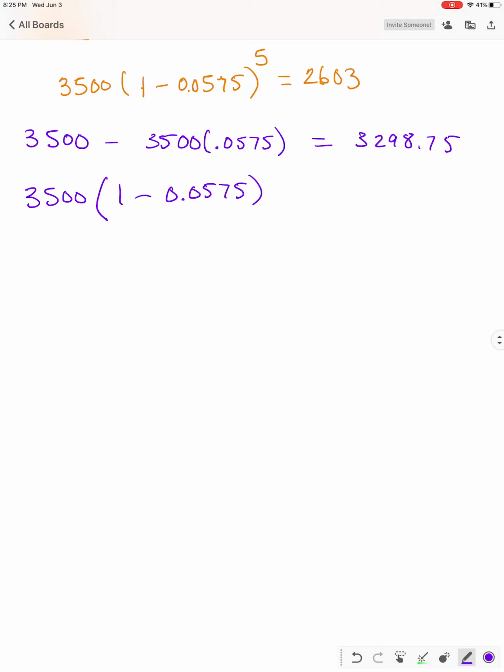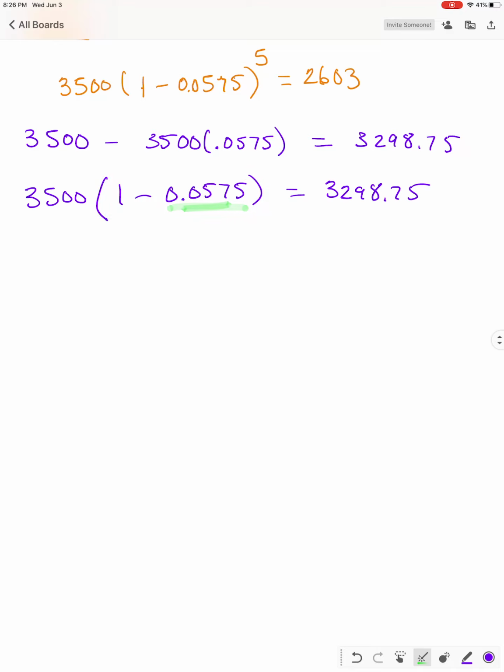So those two things are exactly the same, and that's equal to 3,298.75. So once again, what I did was factor out 3,500 out of these two terms, and that leaves me with 1 minus this 0.0575.